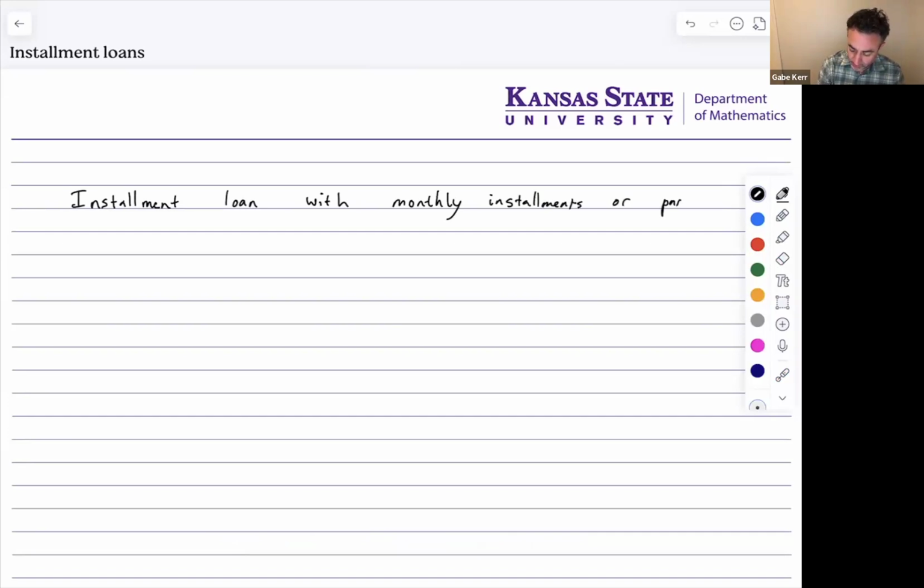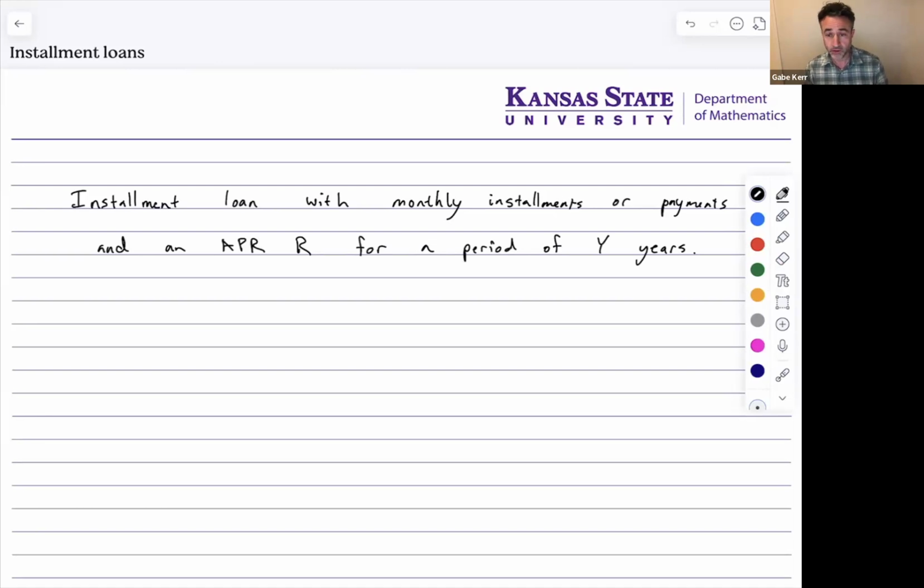And you will have an APR, a rate that you're charged, which we'll write as R, for a period of, say, Y years. Loans like this are typical for car loans, personal loans, and mortgage home loans.